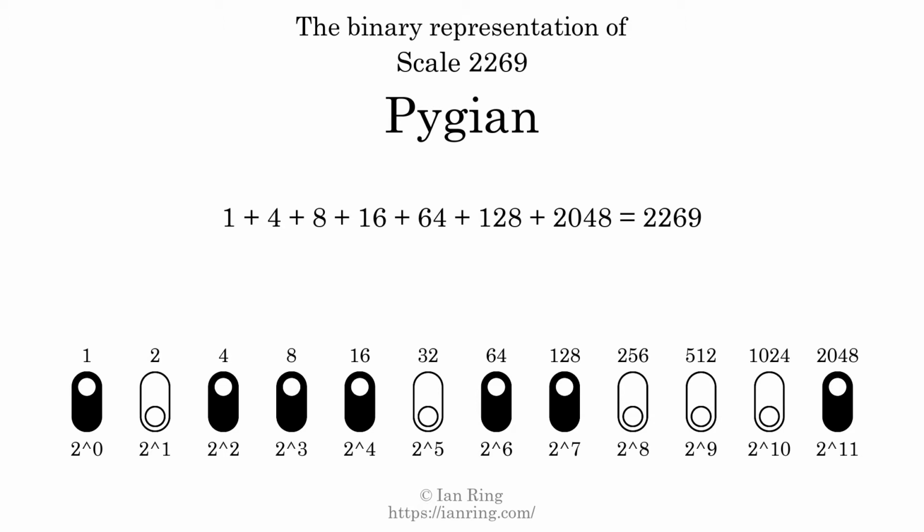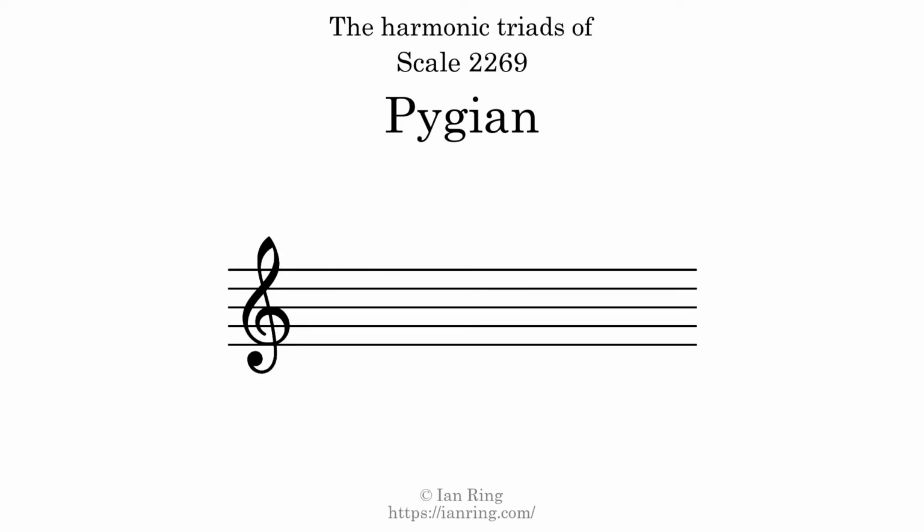That is why the scale number, in decimal, is 2269. The scale number not only enumerates the scale with a unique index, but it also literally describes the tonal content of the scale. Represented as a binary number in base 2, the scale number is 100011011101. Here are the harmonic triads present in this scale.